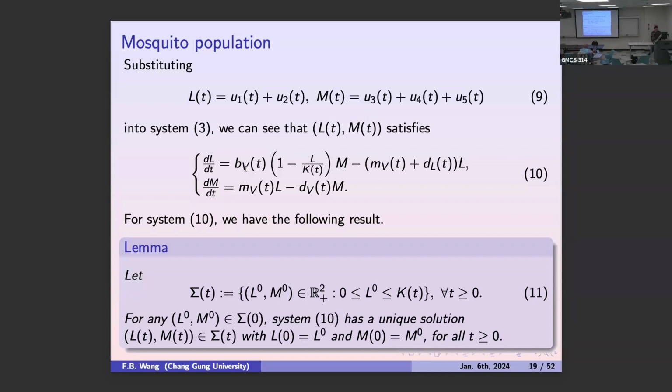Okay. So for the model, I'm not sure about the abstract statement, I just show you some results. For equation 10, you can see the trivial solution is always a solution. I mean, L equals 0, M equals 0 is always a solution.